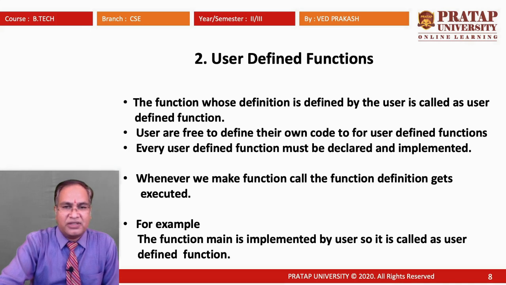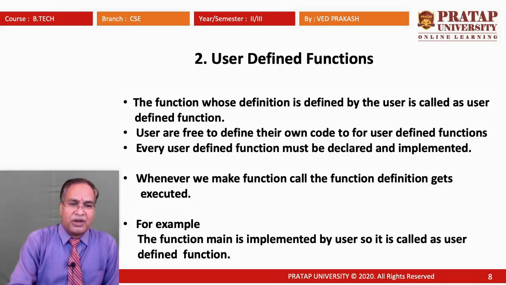Every user defined function must be declared and implemented. Whenever we make a function call, the function definition gets executed. For example, the main function used in the C language is also a user defined function because its implementation is done by the user.